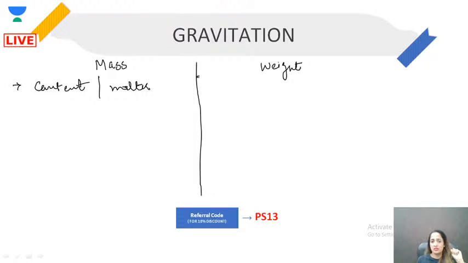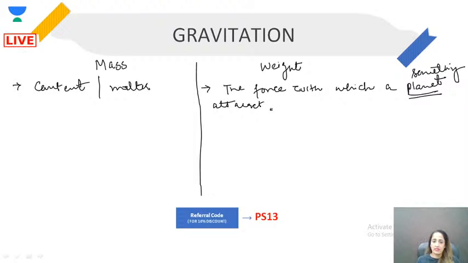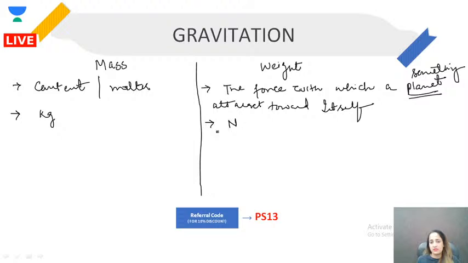And weight is the force with which a planet, for example, attracts something towards itself. Right? Now, as mass is the content, the unit for this is kgs, and as weight is the force, the unit for this is Newton.